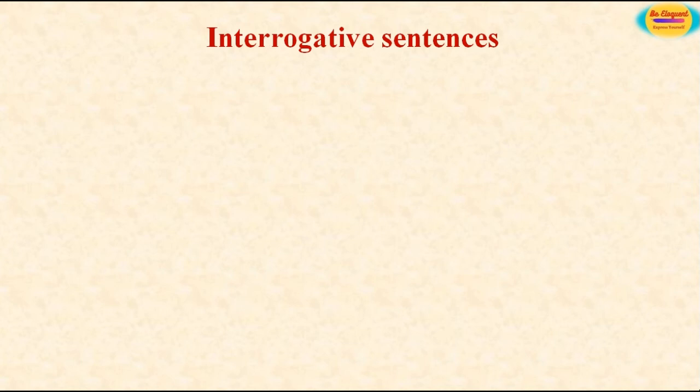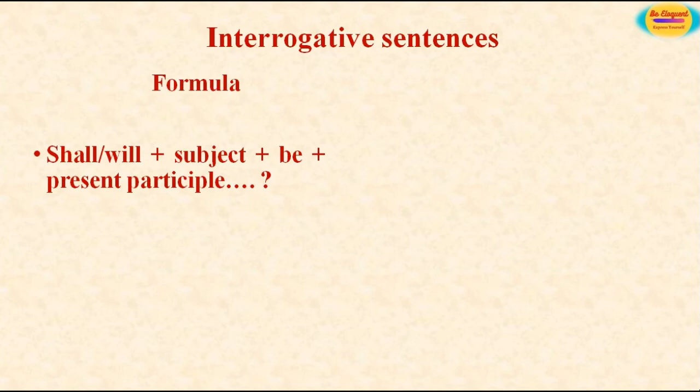For question sentences, we exchange the subject and will. When asking a question in future continuous tense, use the formula shall or will followed by a subject plus be plus present participle and question mark.